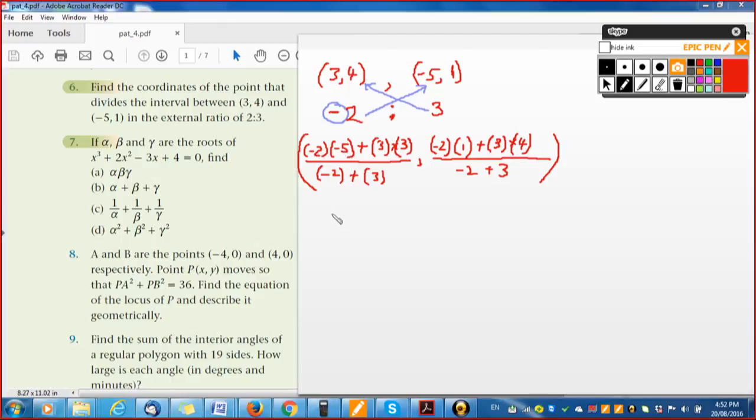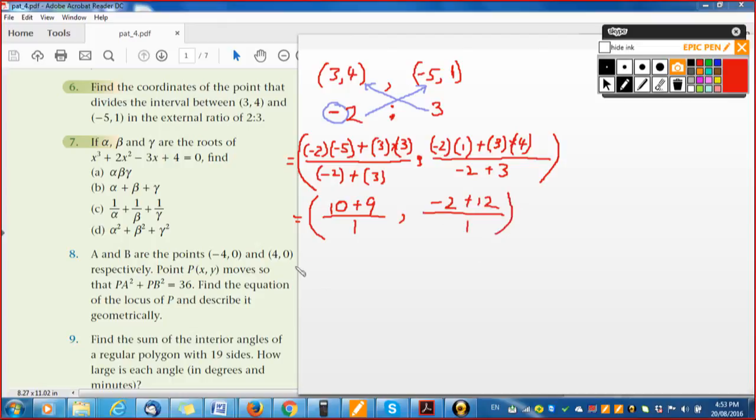-2 times -5 is +10. Plus 3 times 3 is 9. All over -2 plus 3, which is +1. Comma. And then on the other side, we do the same thing. -2 times 1 is -2. 3 times 4 is 12, so we're adding 12, and we're also putting that over 1.